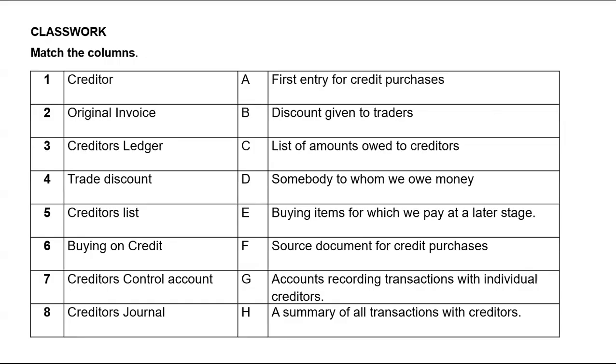Now, here's a brief classwork. You need to match columns. What is a creditor? That is the first example I'll just give you. One will be D. A creditor is somebody to whom we owe money.